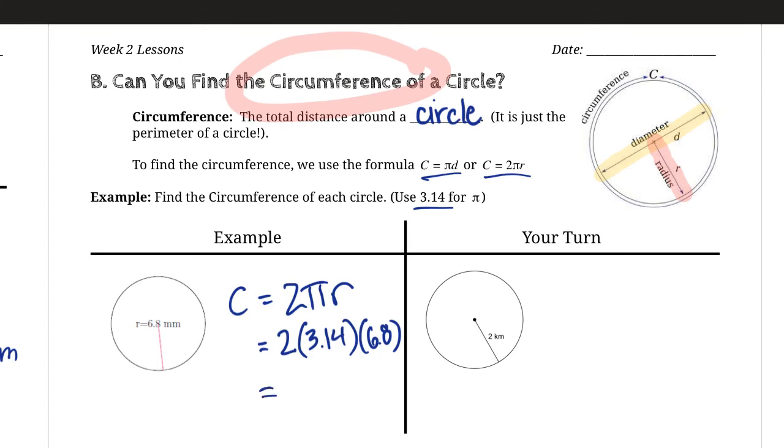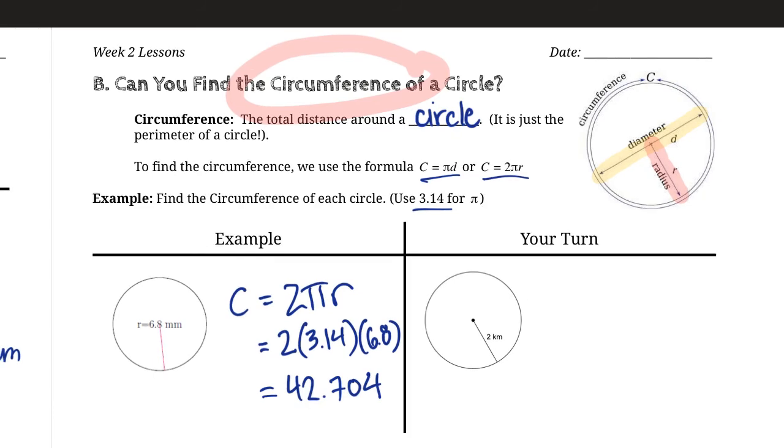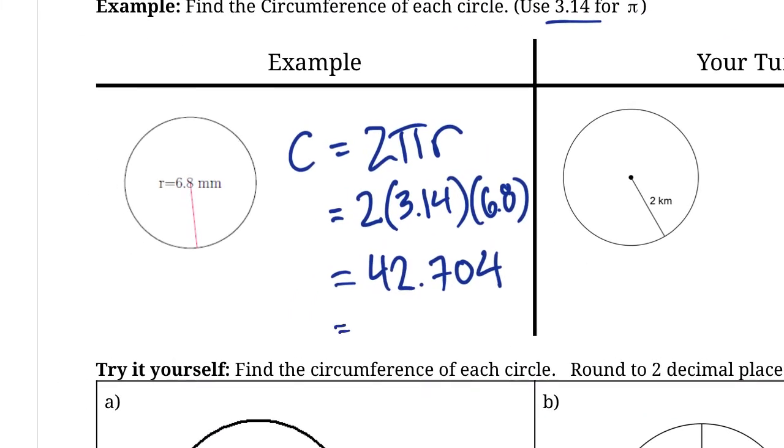I can do 2 times 3.14 times 6.8, which gives me 42.704. In this course, I usually like to say round to 2 decimal places. So 42.70, right? We're not going to round up because there's a 4. And the units are the same as the length of the radius, right? Millimeters.